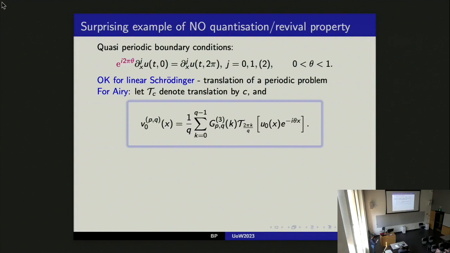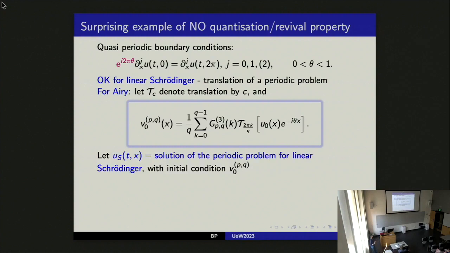So this is really the solution of the periodic Airy with this initial condition. And I take that as my new initial condition and take the solution of Schrödinger with V0 as my initial condition. So this now seems very involved.